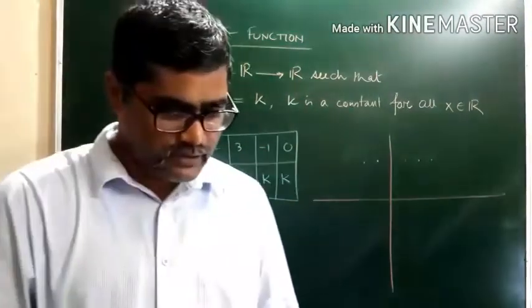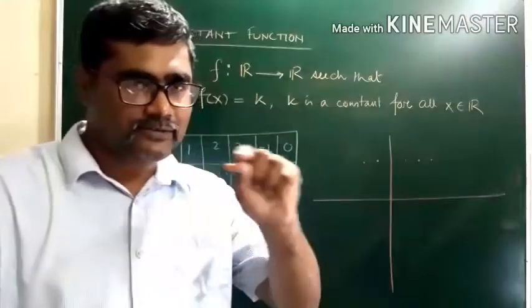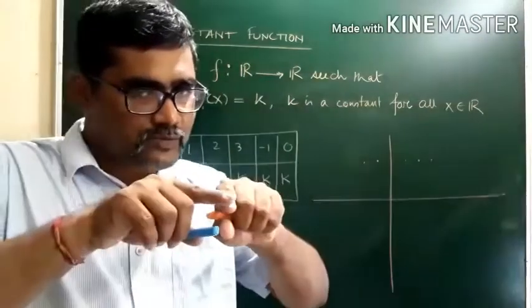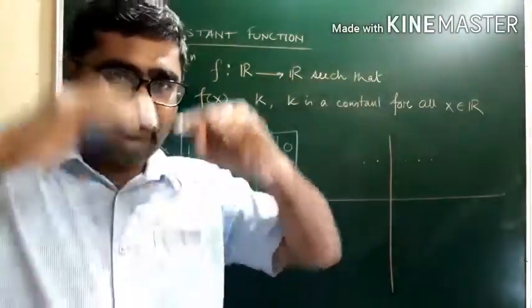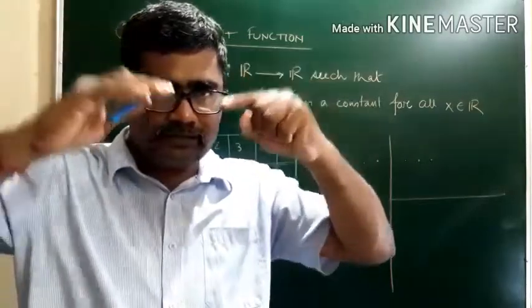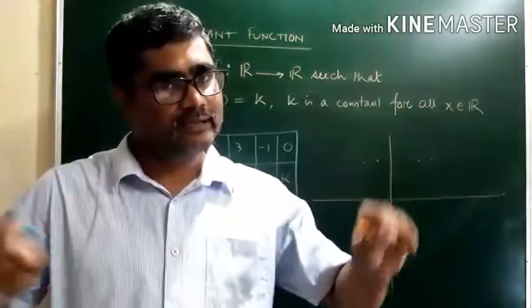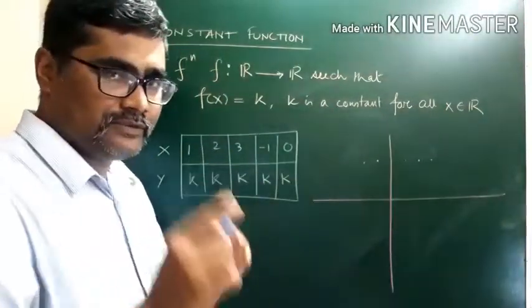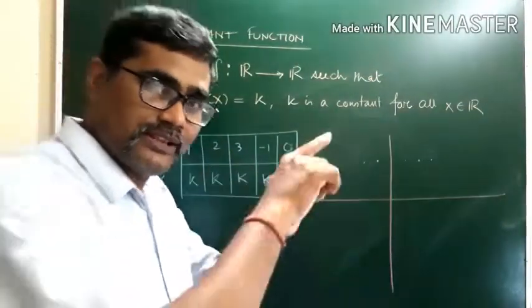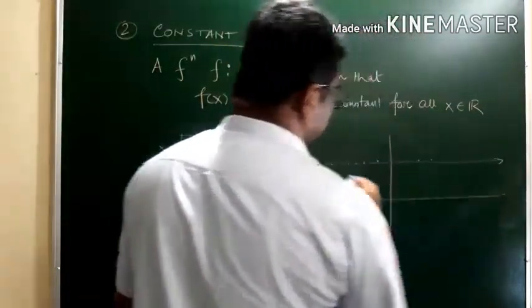For constant function, if you try to draw, always the height will remain same. That is, distance from the x-axis will remain always same. If it is positive, it will go above x-axis. Negative, it will come down. And if it is 0, it is x-axis itself, right? So here I did not specify. For example, I have taken k equal to 4. In that case, your graph will be like this.